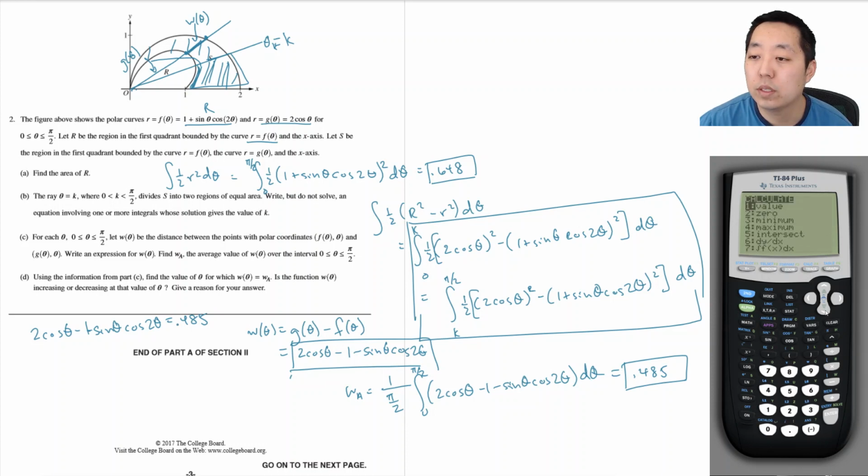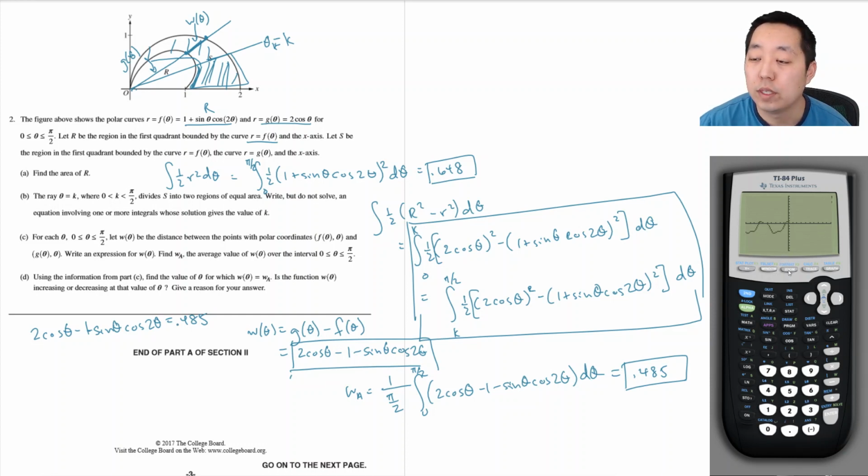Can't calculate, you can only calculate zeros. So the way you want to do it if you want to calculate zeros is I just got to subtract the value. This is like a trick you can do. Because I subtract 0.485, then when I graph this, where the zeros are is what I want.